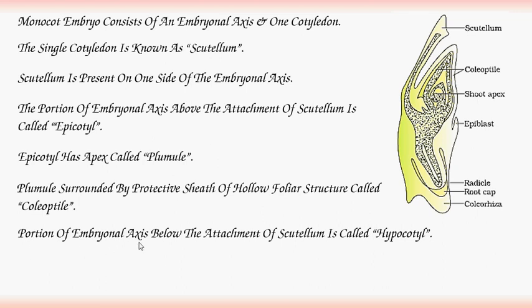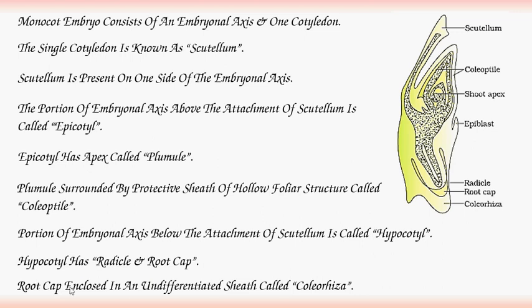The portion of the embryonal axis below the attachment of the scutellum is called the hypocotyl region. This hypocotyl has the radicle as well as the root cap. And this root cap is enclosed in an undifferentiated sheath called the coleorhiza.